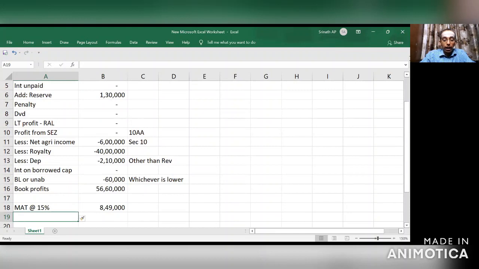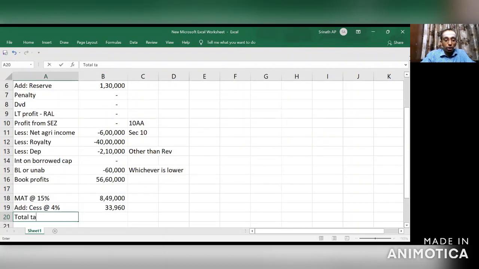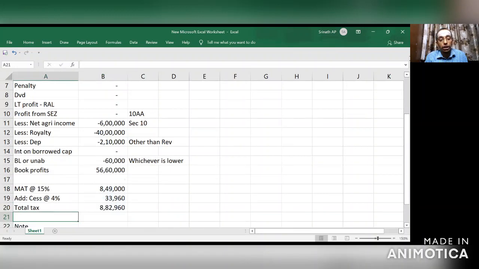Then add cess at the rate of 4%. Multiply by 4%. Total tax payable will be 8,49,000 plus 33,960. So you'll have a total tax of 8,82,960.